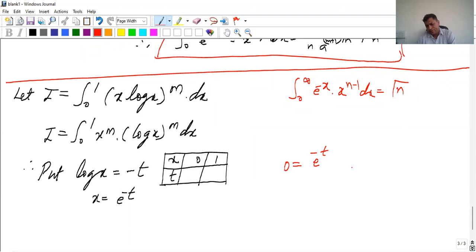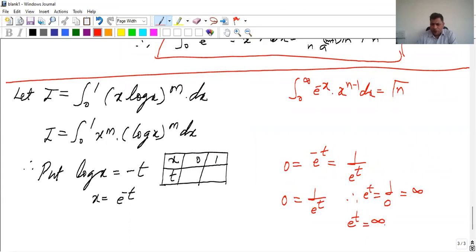Is that okay? Yes, sir. So this will be 1 upon e raised to t. So 0 is equal to 1 upon e raised to t. I can write this as e raised to t is equal to 1 upon 0, which is infinity. So e raised to t is infinity. This implies that t is equal to infinity. So is there any doubt?